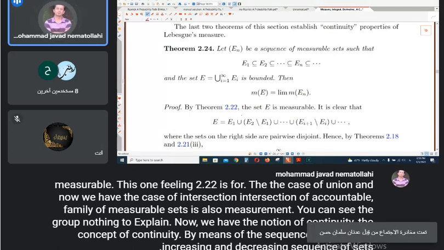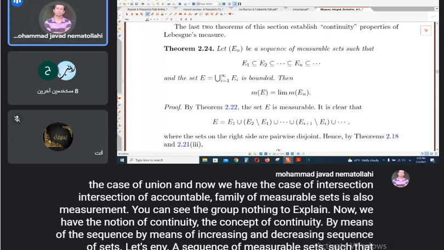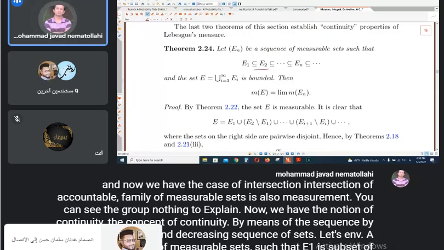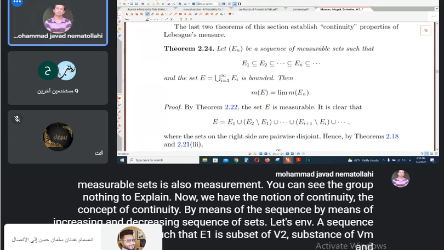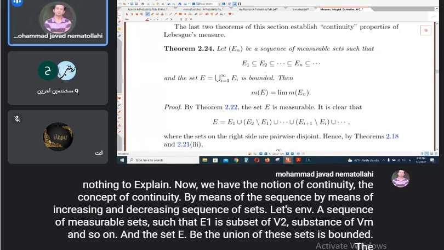Let E_n be a sequence of measurable sets such that E_1 is a subset of E_2, a subset of E_n, and so on, and the set E, the union of these sets, is bounded. We suppose that E is bounded.